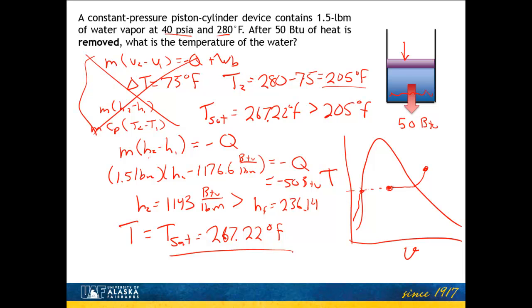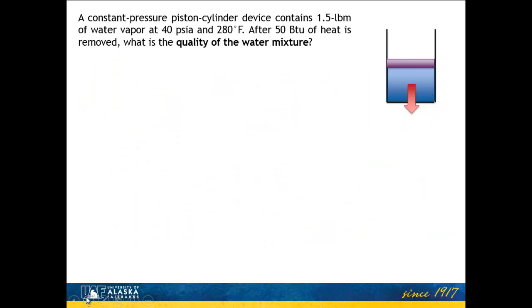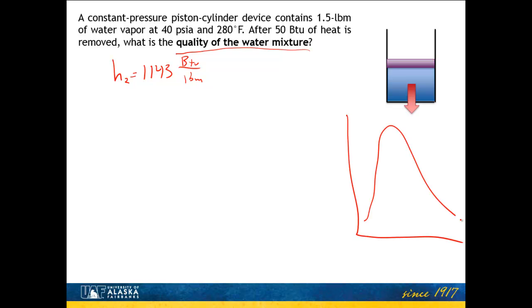So we can do one last thing just to wrap this up: since we have a mixture, let's go ahead and determine what is the quality. Remember, I just calculated my value of H2 at 1143 BTUs per pound mass. If I sketch up a T-v diagram again to remind myself, I started at some point out here, followed an isobar, and then ended up with a mixture at some point there.